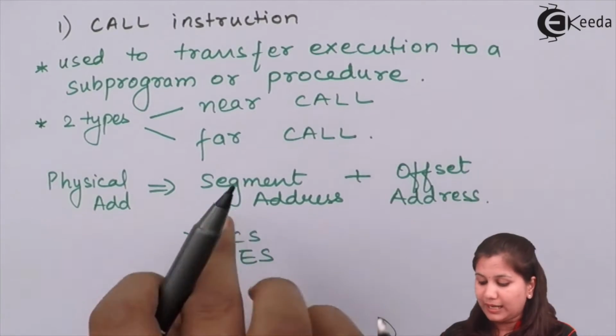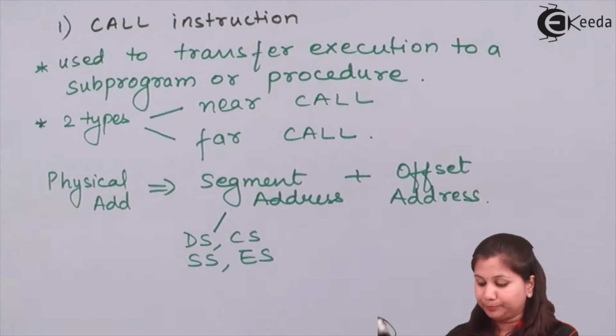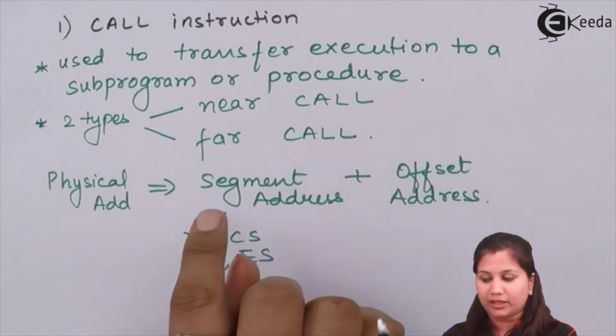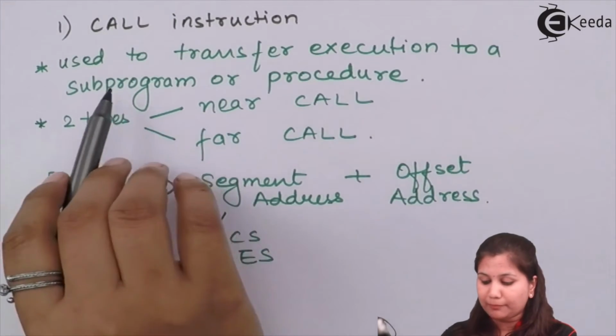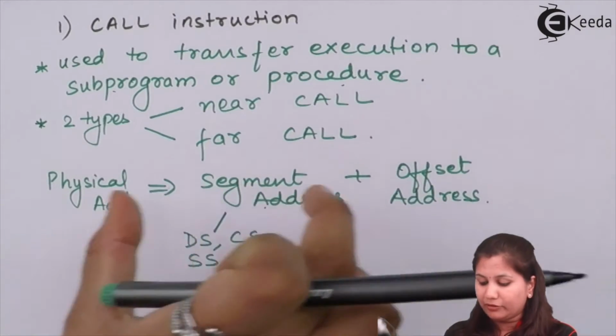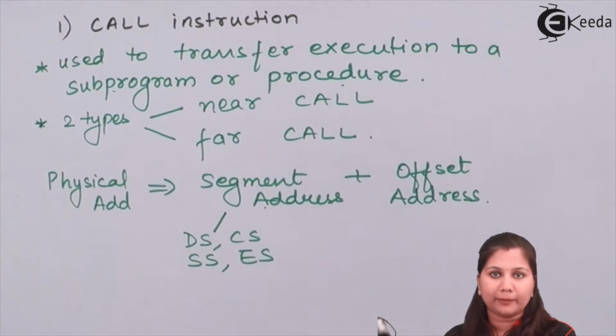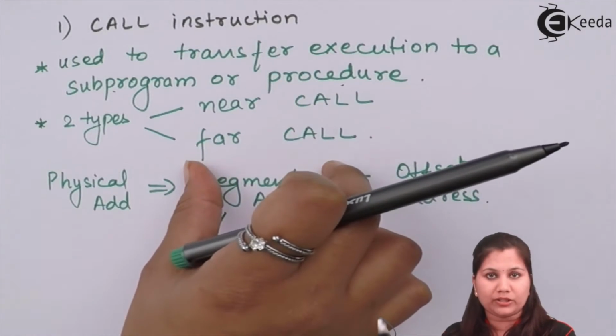Offset address means the memory location in that particular segment where the program is written. If the subprogram or procedure is written in another segment, then the complete physical address has to be provided. So depending upon that, there are two types of call instruction.